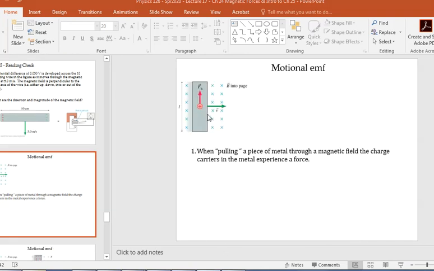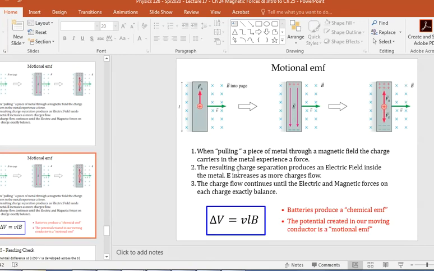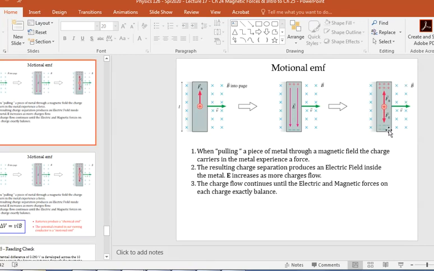So do you remember that second right-hand rule, that if we had a charge that was moving through a magnetic field, that charge would experience a force upwards, right? Well, it's true. And so there would be an electric field that would build up across this wire as we're moving these charges through the magnetic field. And so basically, we're producing an electric field inside of a metal, which basically means that more charges should flow. So in other words, it's piling up charges on the bottom as negative and charges on the top as positive.